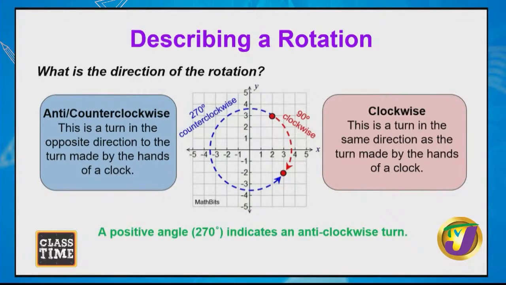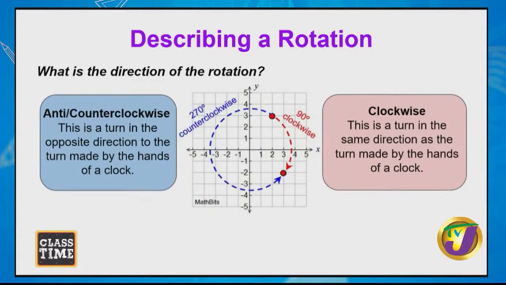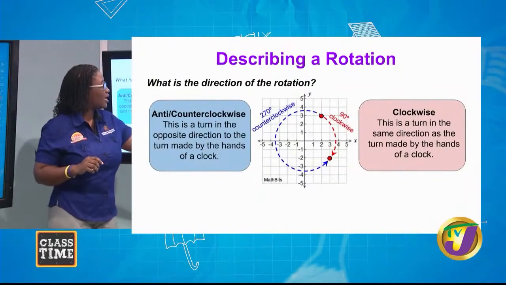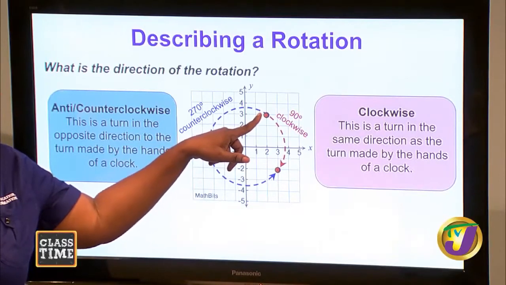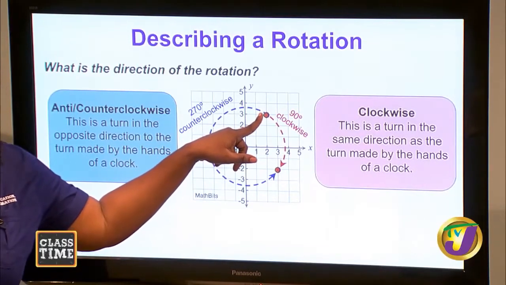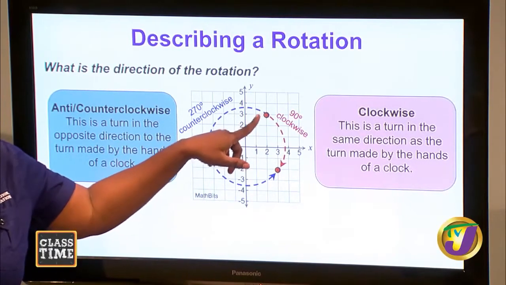I want you to look at this image in the middle, and tell me what you notice about the degrees, the angles of turning. First of all, the original is this red dot right up at the top here. Our object or pre-image would be this dot.